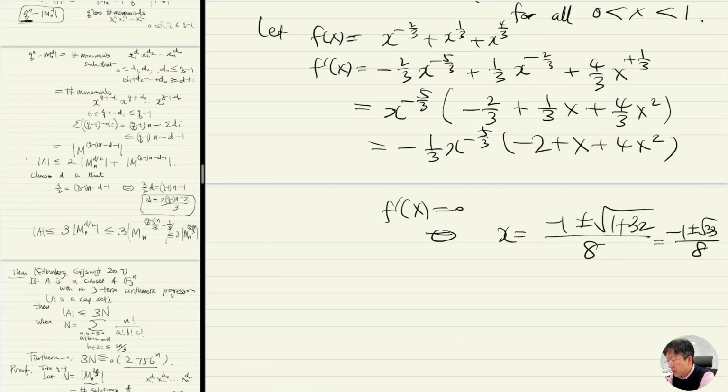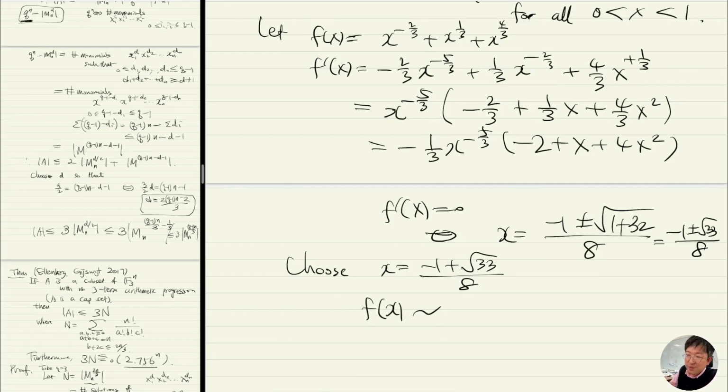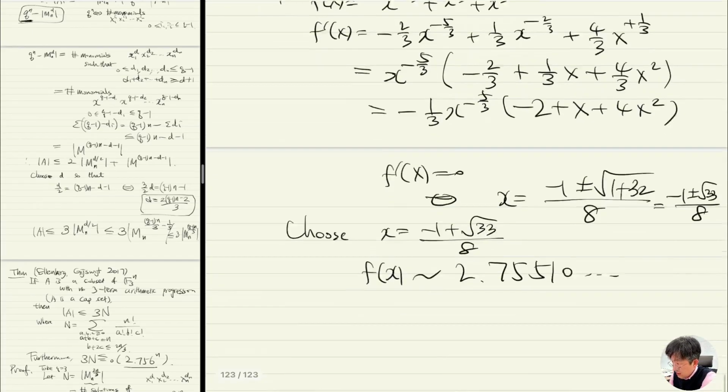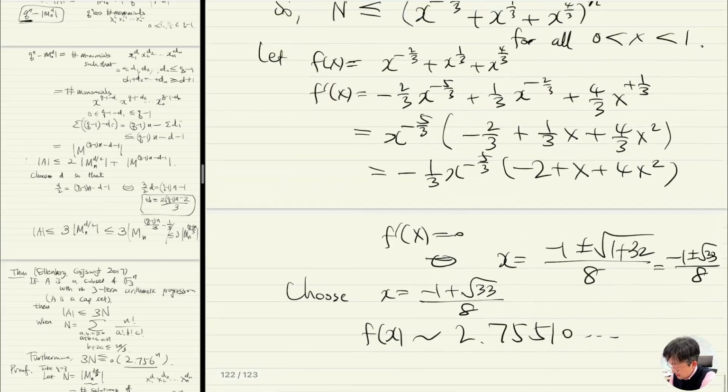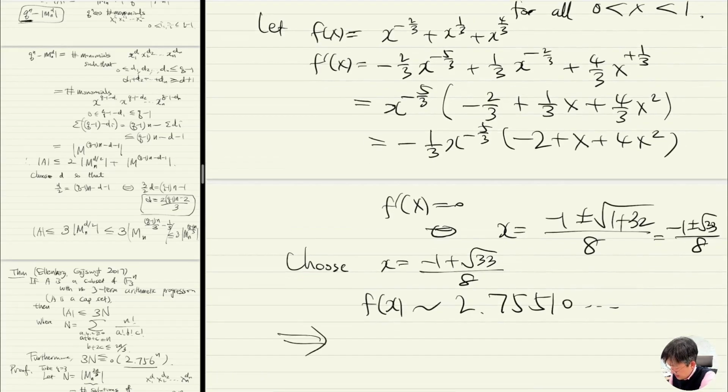But we want some number between 0 and 1, so choose x to be minus 1 plus square root 33 over 8. In this case, f of x is roughly, if you use a computer, 2.75510. So this means that n is less than or equal to little o of 2.